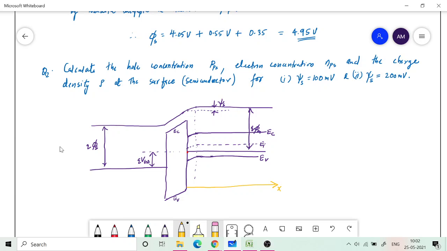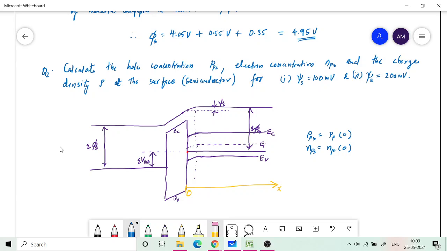Suppose this is the origin, I am taking O. We are told to find out the concentration NPS, or NP at x equal to 0. So NPS is basically NP at x equal to 0, and similarly PPS is basically PP at x equal to 0. This is what we are told to find out.